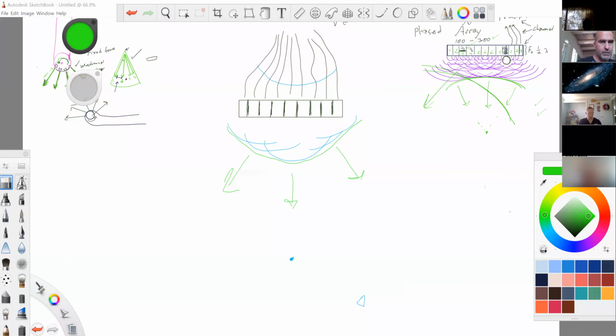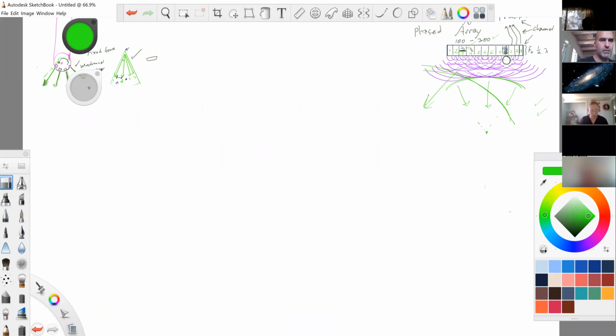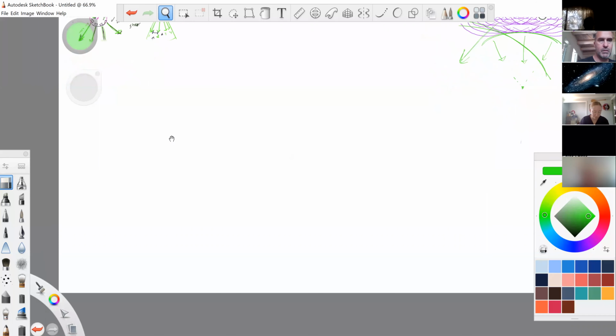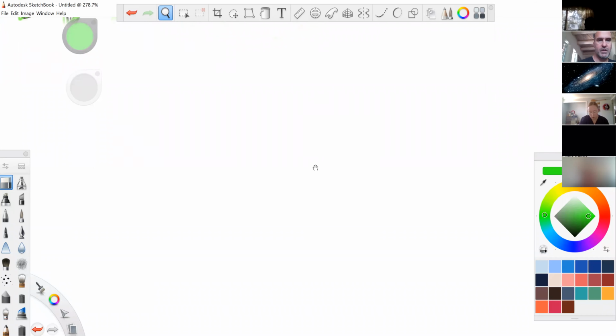I'm drawing way too large here. Let me zoom in. Okay, so think about that. Multiple focus. So you have a beam. Let's build my little transducer, or my element.